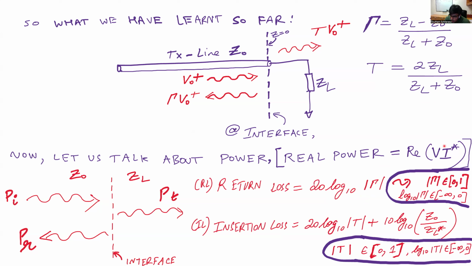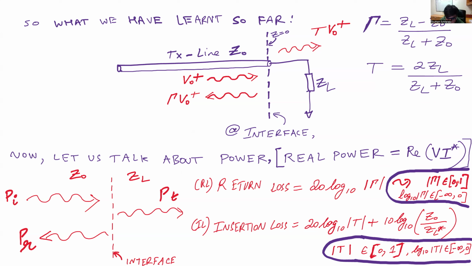And here you have restrictions on the values. |Γ| must be a number between 0 and 1, because energy has to be conserved, and therefore log to the base 10 of |Γ| is some number between minus infinity and 0, right? Remember, since |Γ| is a number between 0 and 1, if you take the log of a number between 0 and 1, the range of that quantity must be between minus infinity and 0.